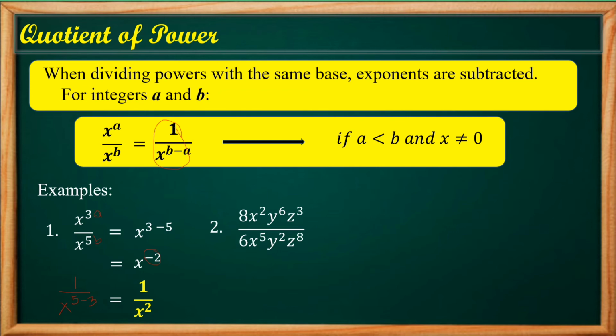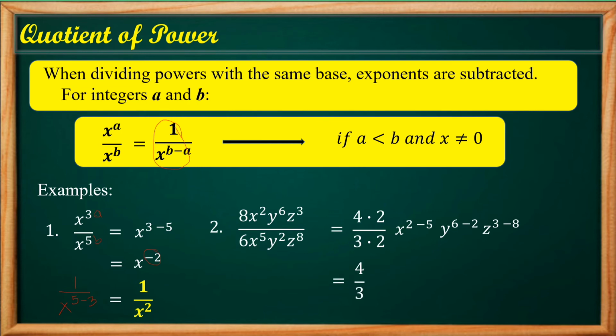8x squared y raised to 6 z cubed over 6 x raised to 5, y squared, z raised to 8. Find the lowest term of 8 and 6. Then you will have 4 over 3. The greatest common factor is 2. Then we have x, 2 minus 5. y, 6 minus 2. z, 3 minus 8.